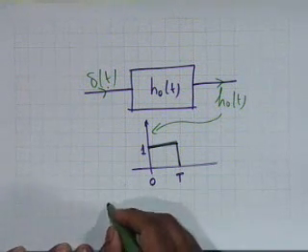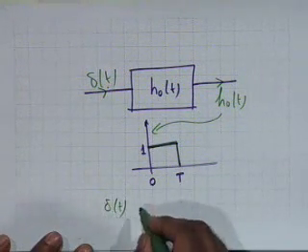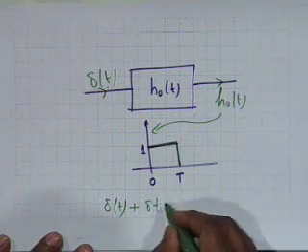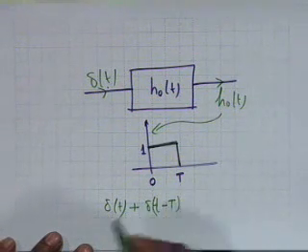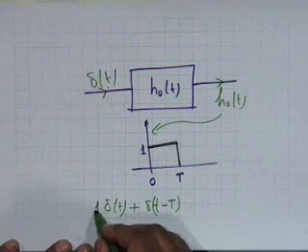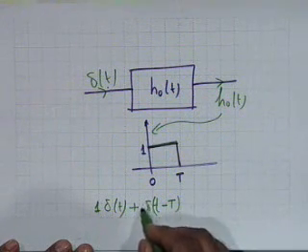Now can you tell me what will happen if the input is delta t plus delta t minus T?